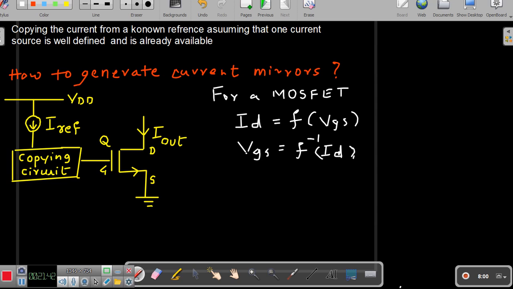Now let us say a transistor is biased at I reference. This is the biasing current that we give for this transistor. And by looking at this circuit, you know that I reference is the biasing current for this transistor.